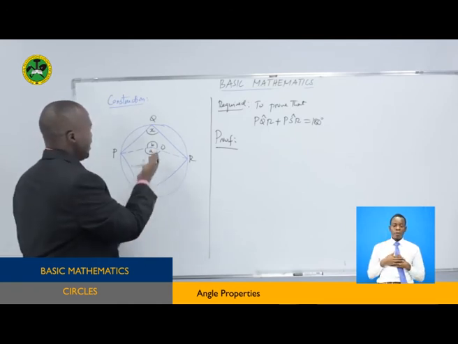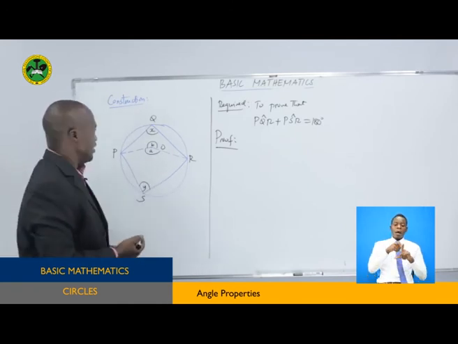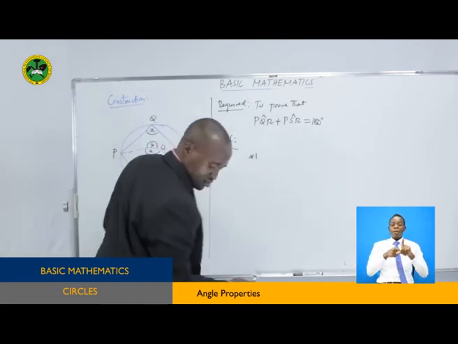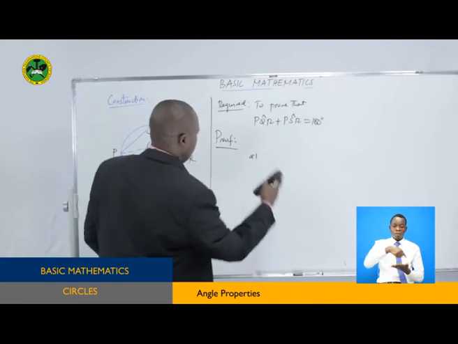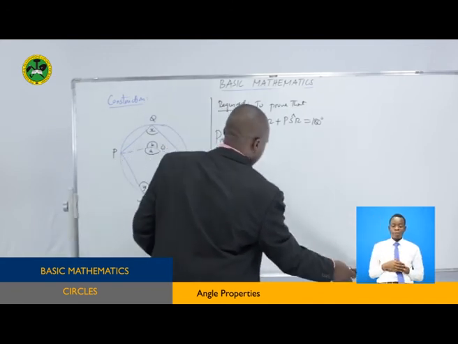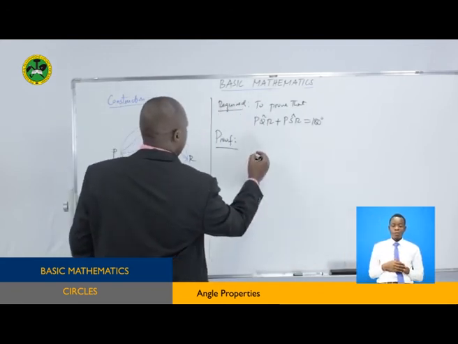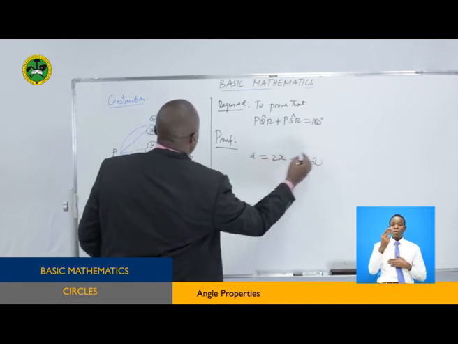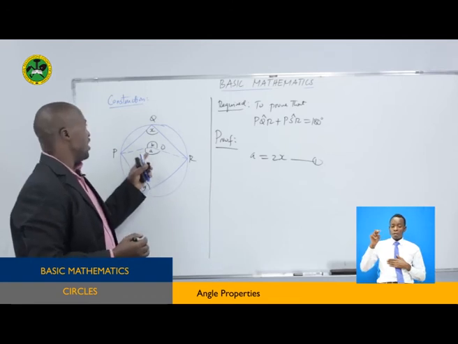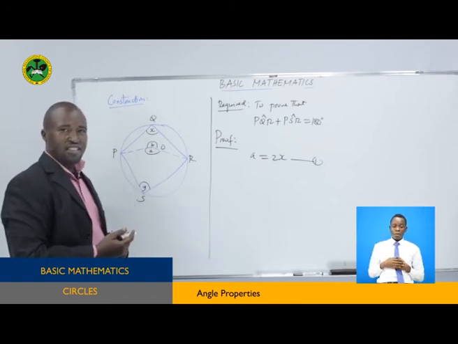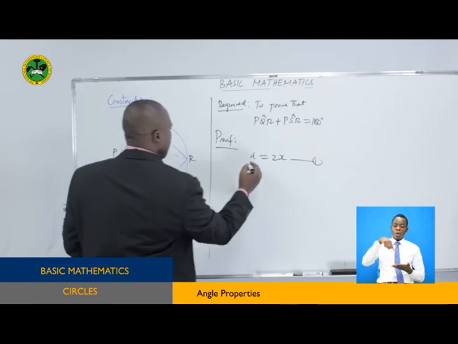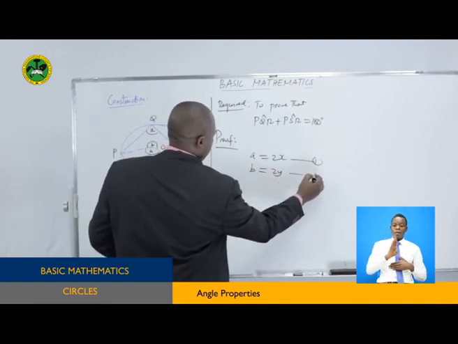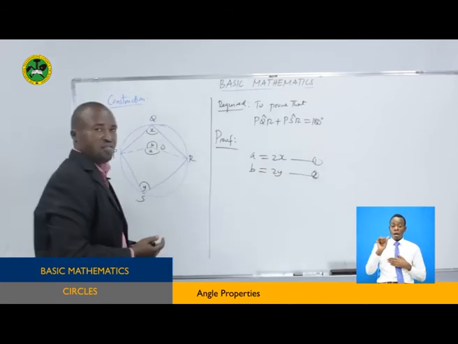Now, angle at the center is double the angle at the circumference. So in this case, we say A is equal to 2x, because A is the angle at the center and X is the angle at the circumference. But also, B is equal to 2y, for the same reason.